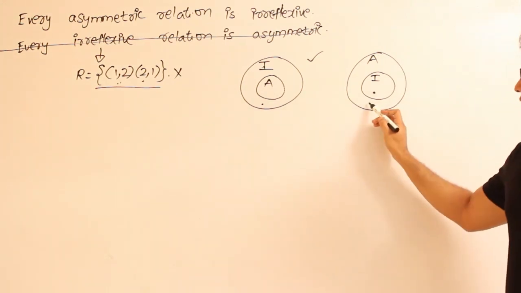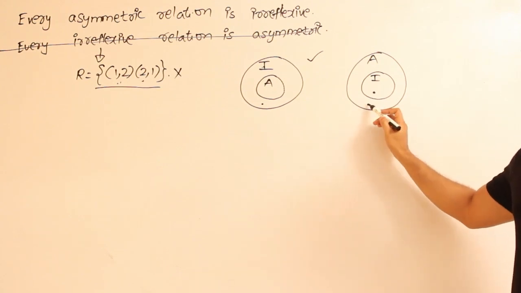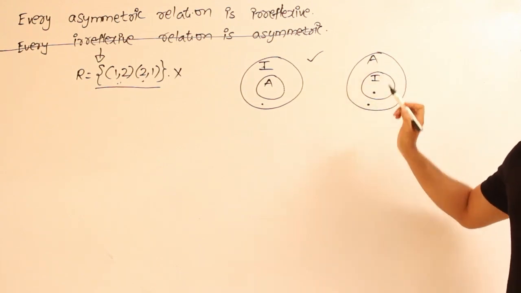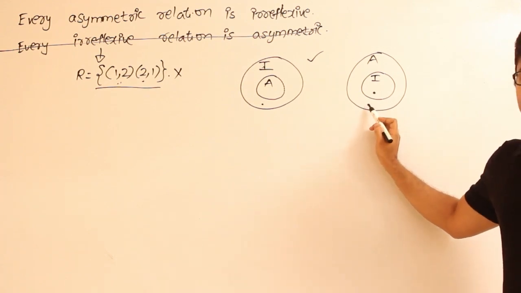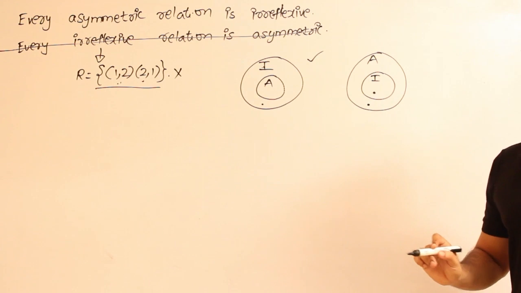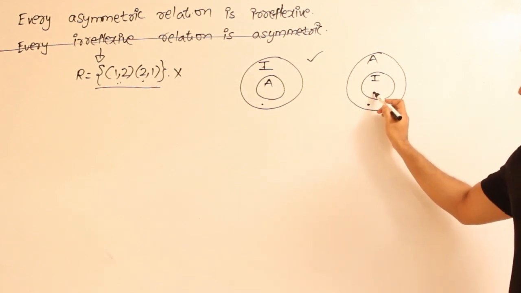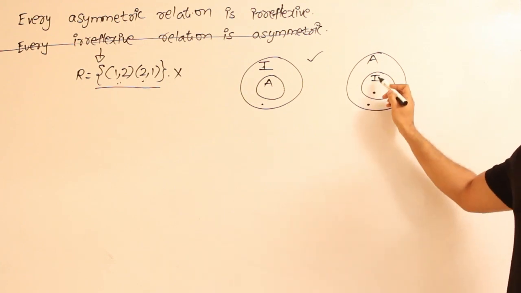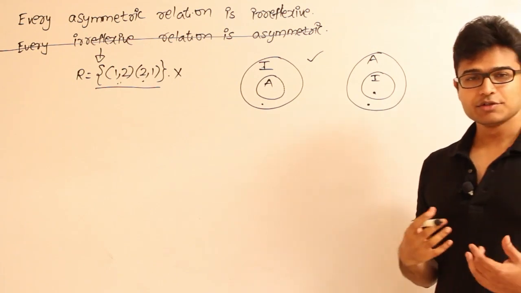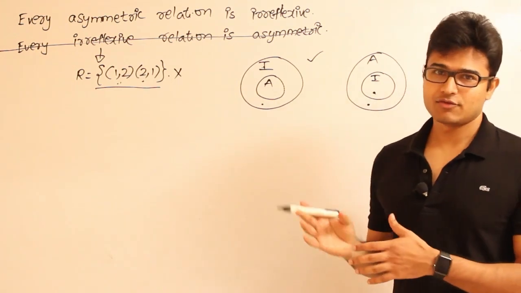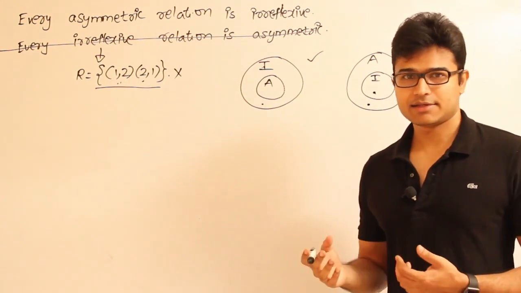Now you try to prove it wrong: try to find a relation which is asymmetric and which is not irreflexive. If a relation is asymmetric, definitely it is going to be irreflexive. Therefore you cannot find any point here. Or you can see that if a relation is irreflexive, it need not always be asymmetric. That is the example. So using counterexamples you can derive which one is right. Okay, it is always confusing, but with practice you will understand it.